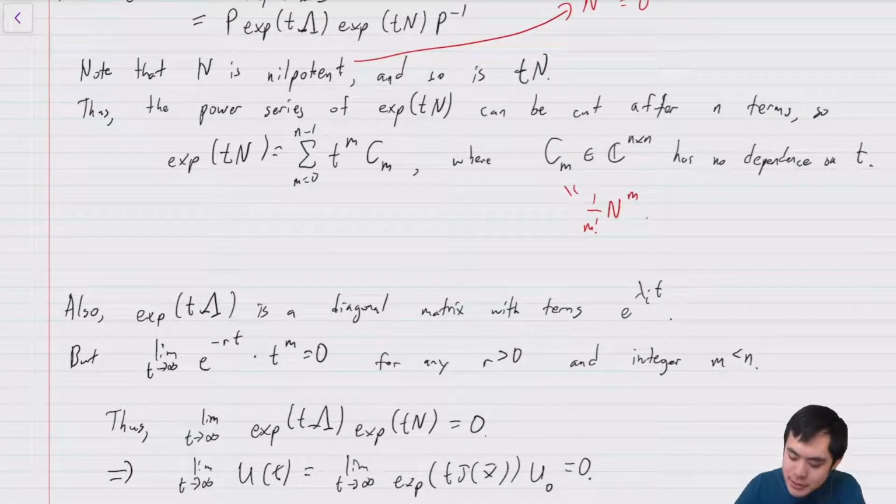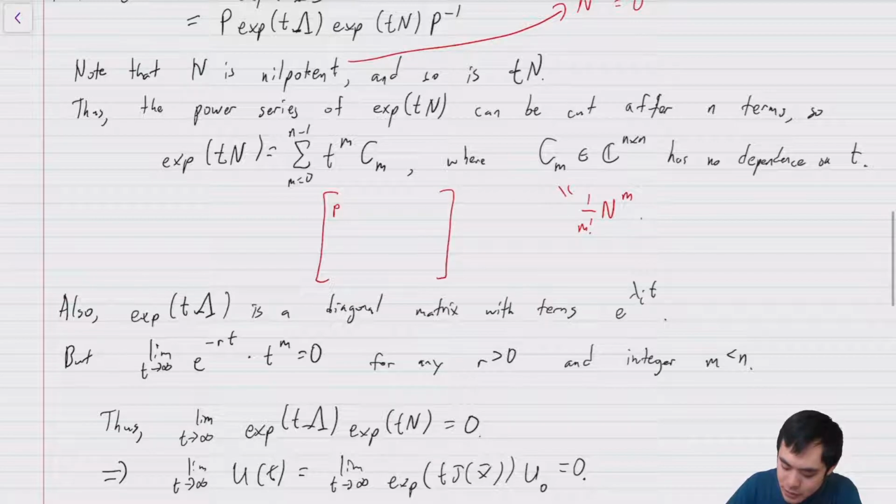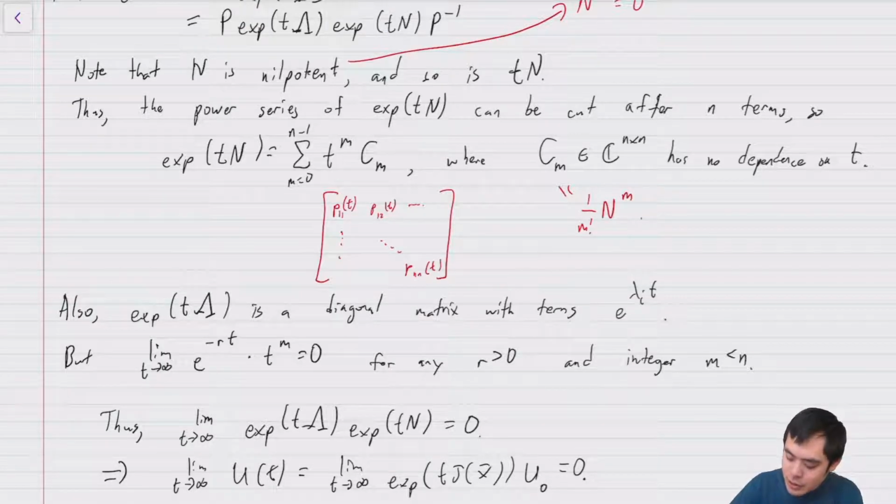And so what this means is that each of the terms in this matrix is going to be some polynomial, so this is going to be p11 of t, p12 of t, etc., pnn of t, where all your pij of t are degree n minus 1 polynomials.